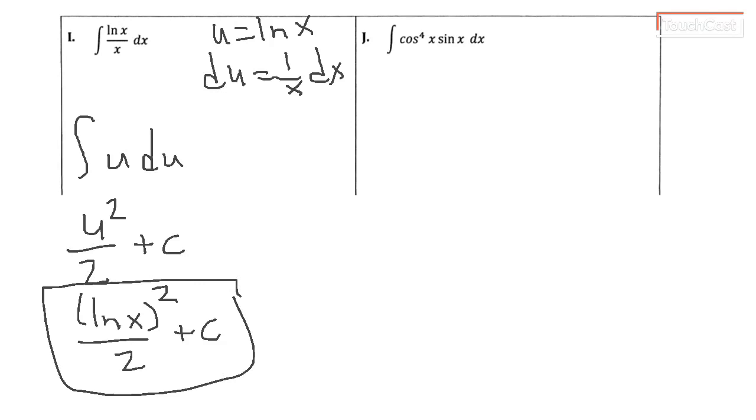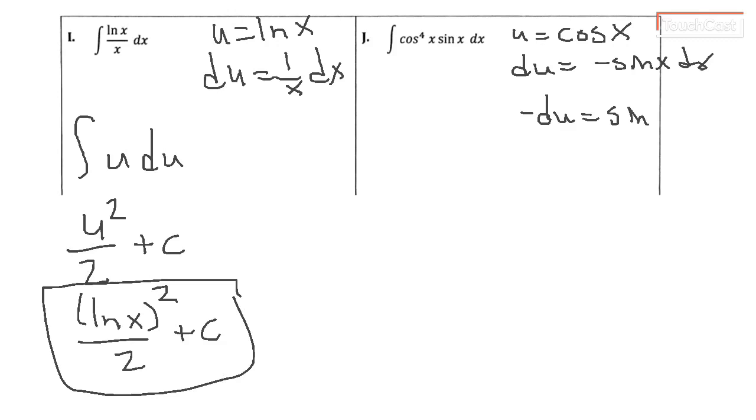I think we have time for one more. So in this next one, I'm going to let u equal the cosine of x. So when I find du, we're going to have the negative sine of x with respect to x, but we don't have a negative sign, so we're just going to multiply everything by negative 1. Make it negative du equals the sine of x dx.